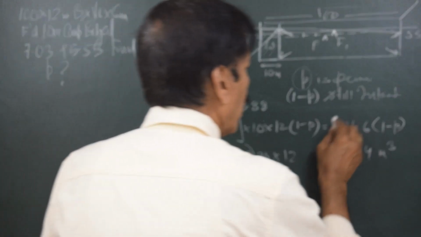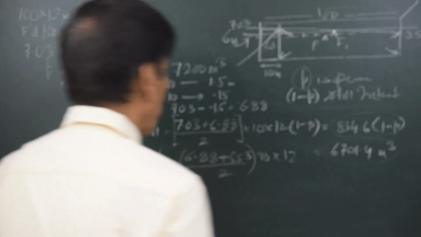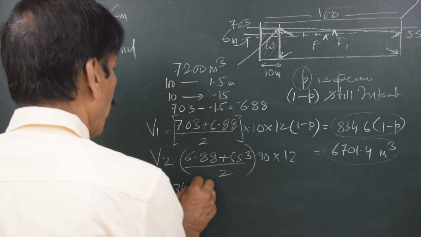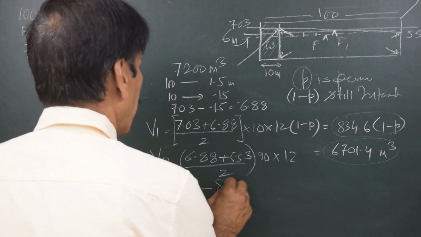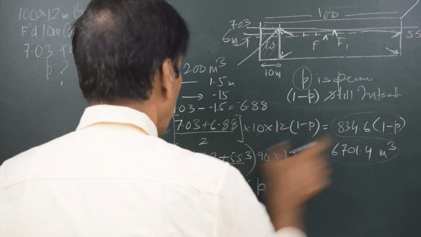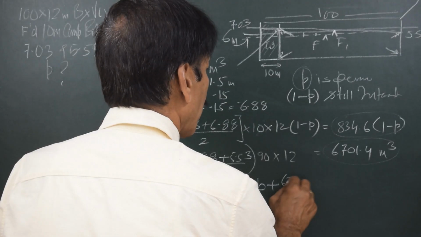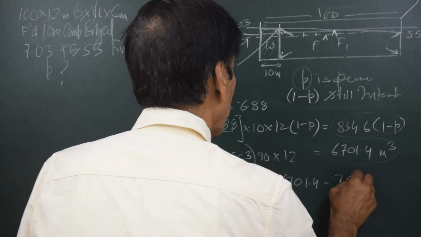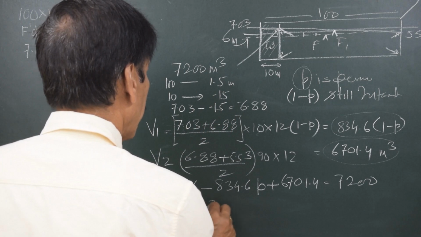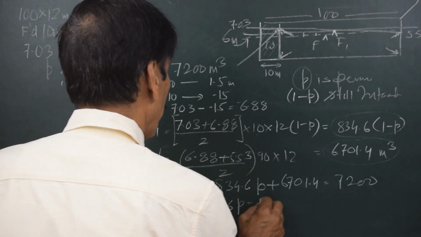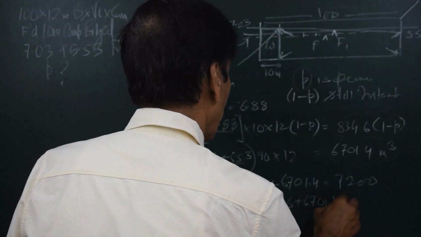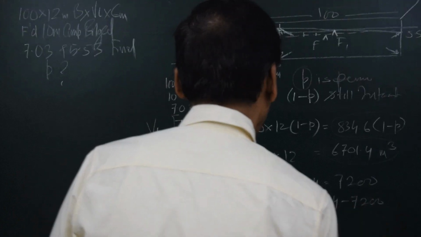Now this is V1 and this is V2, and V1 plus V2 should be equal to 7,200. So 834.6 minus 834.6 P. I bring it over here. This expression is over here, plus 6701.4 is equal to 7,200. So 834.6 P should be equal to 834.6 plus 6701.4 minus 7,200.